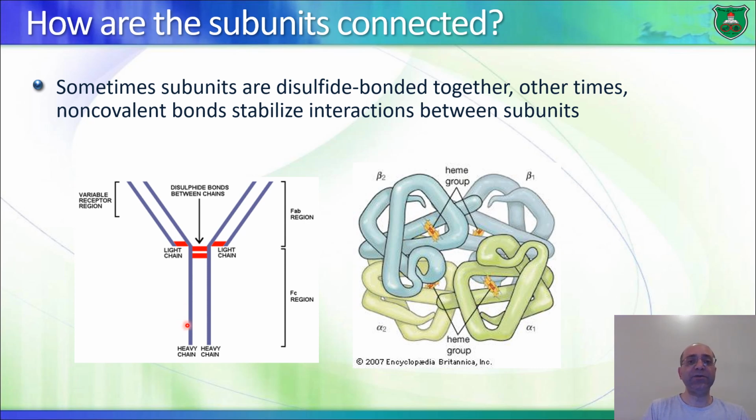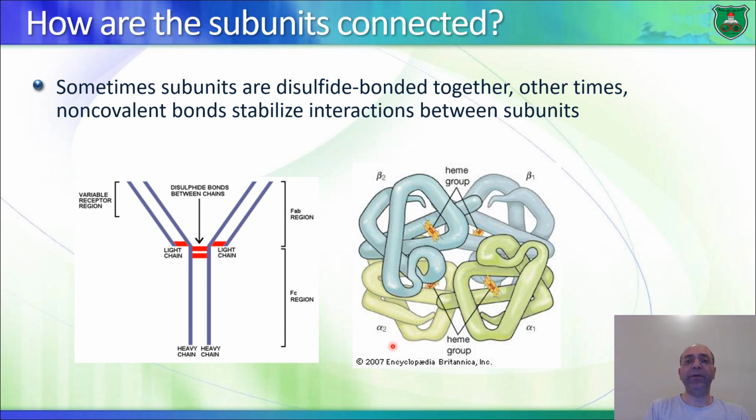Antibodies, also known as immunoglobulins, have four polypeptides: two heavy chains and two light chains, connected to each other via disulfide bonds, so they are linked covalently.